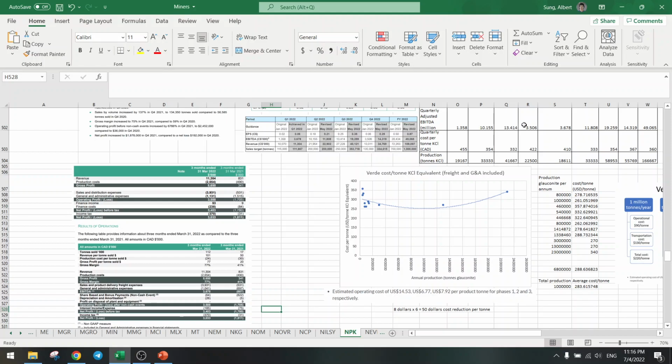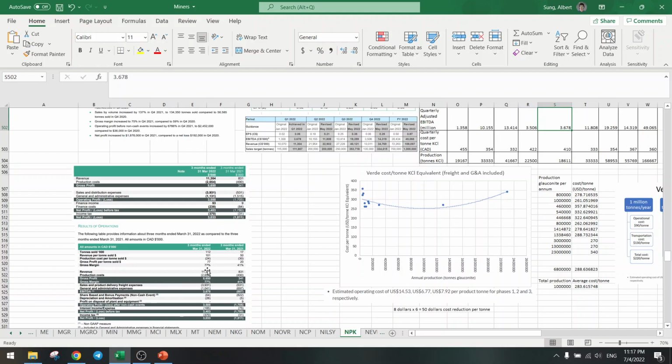As evidence, I can give you this number, 3.678. When you look at the statements, this 3.678 is coming back here. So that's the EBITDA, and the EBITDA has already deducted the freight expenses and general and administrative expenses.